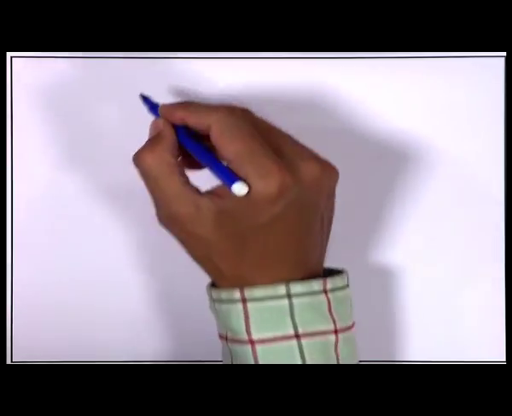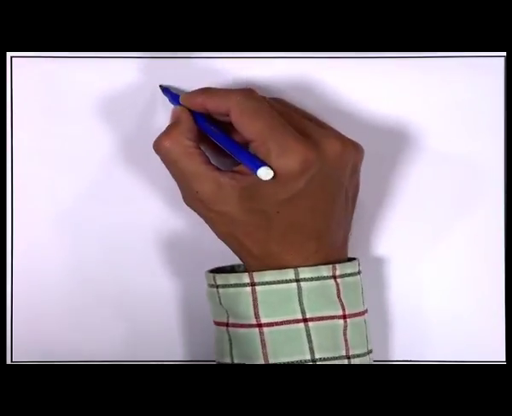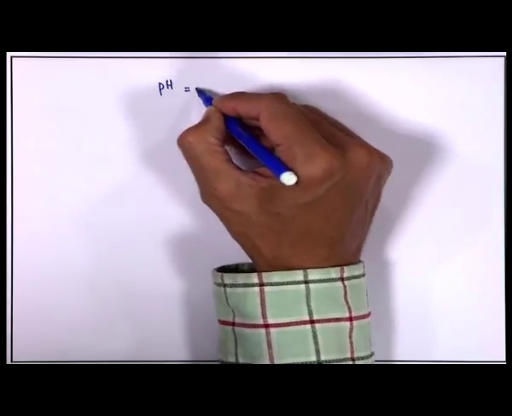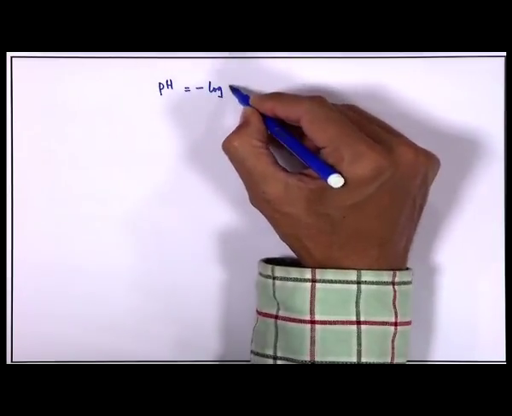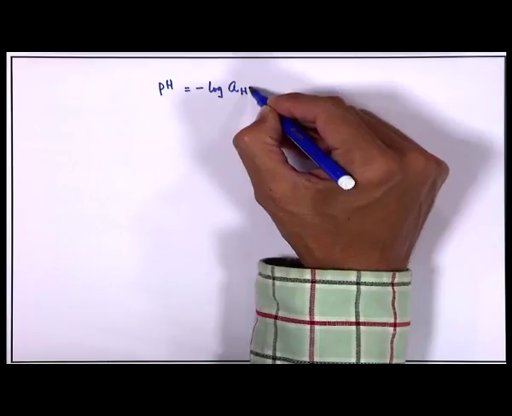determination of the pH of the medium. Now, pH of the medium means you would like to find out the acidity of the medium. By the EMF method you can also find out the pH of the medium. pH is basically the negative logarithm of the activity of hydrogen ion.